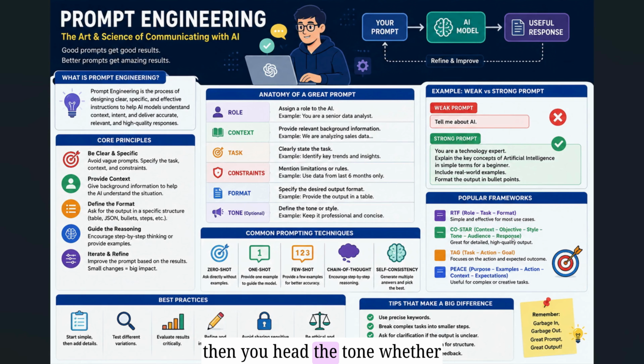Then set the tone, whether you want the content in a professional or friendly manner, or concise bullet points. How it should sound depends on the topic you are discussing. Tone is nothing but how the output content is presented. All these are basics of prompt engineering.